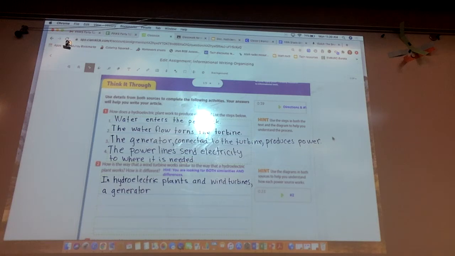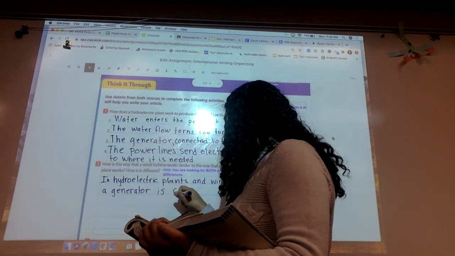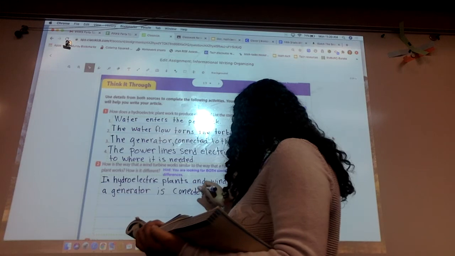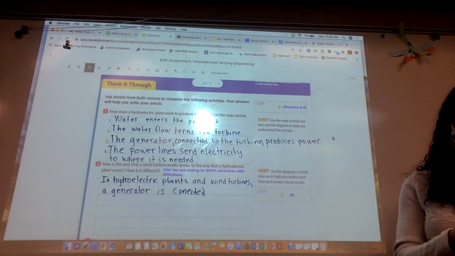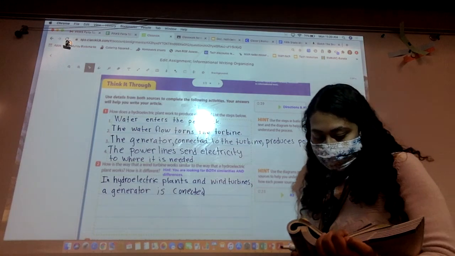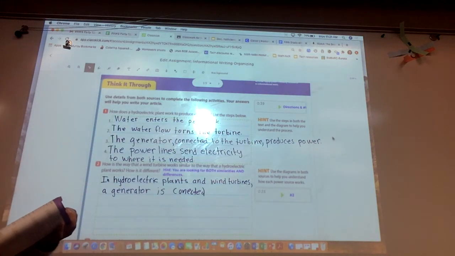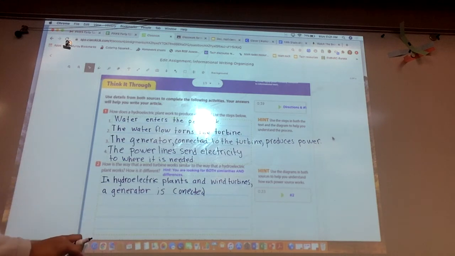So let's finish up this sentence. In hydroelectric plants and wind turbines, a generator is connected to a propeller or blade. Does that sound good? Yes.